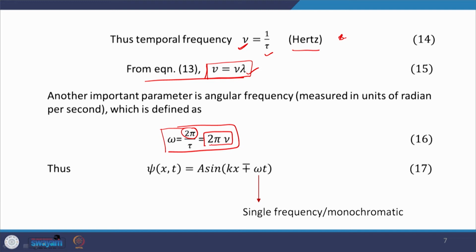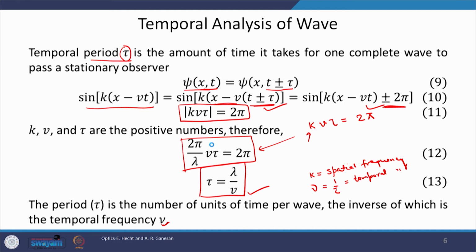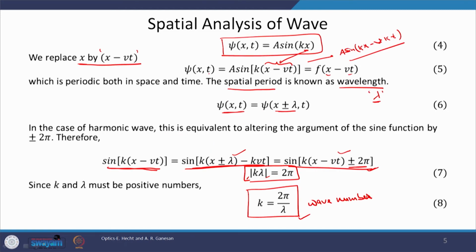Now we have so many definitions. We defined k, which is the wave vector, and we defined omega, which is angular frequency. Therefore, we can write the initial expression psi is equal to a sin k x minus v t in terms of k and omega.